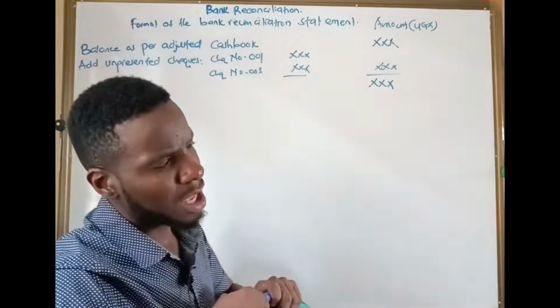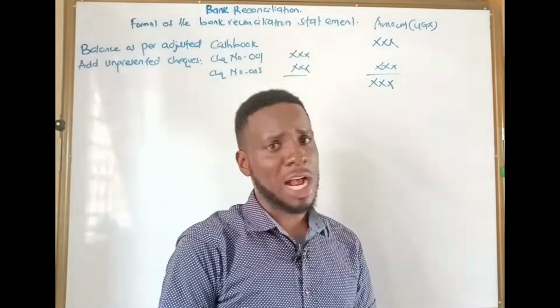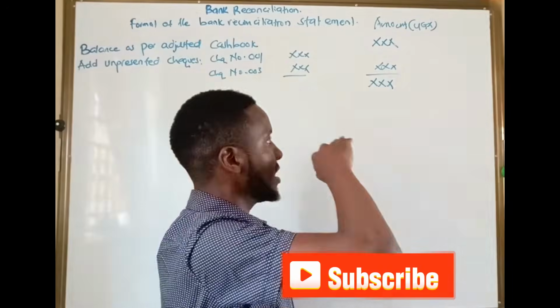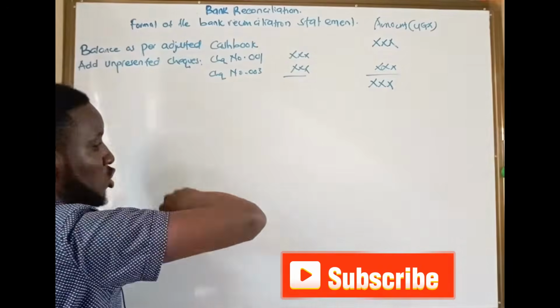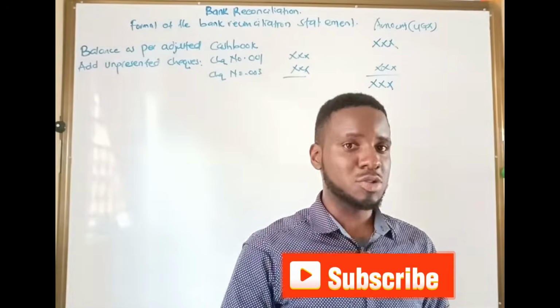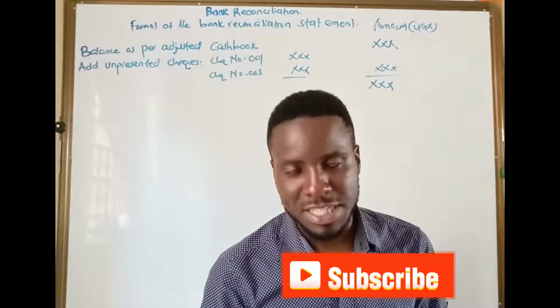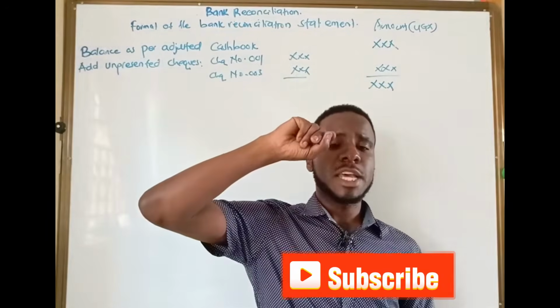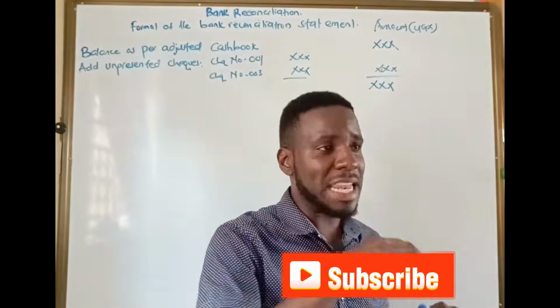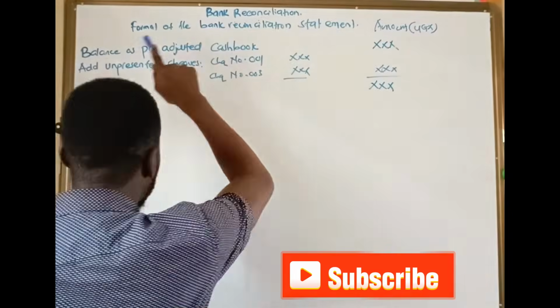Now, why are we adding the unpresented checks? Remember, when we were preparing the cash book previously, in that cash book, these checks were credited. Remember, you were giving out these checks. But those checks that you were giving out, these people did not take them to the bank to receive that money. So that means those checks were actually credited. So for us to complete the double entry, we are going to add them back.